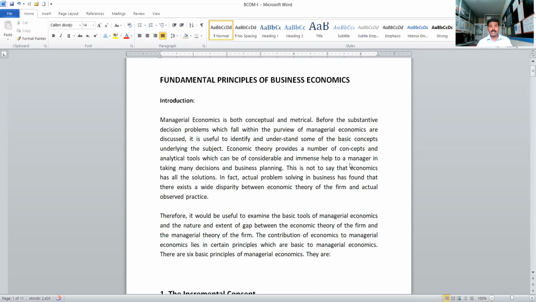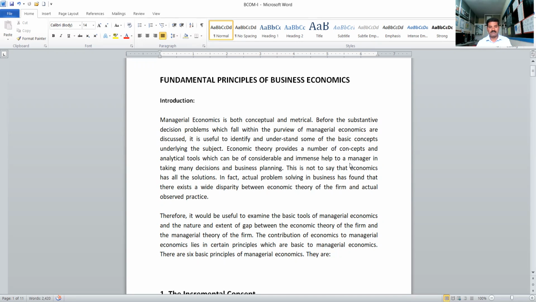Economic theory provides a number of concepts and analytical tools which can be of considerable and immense help to managers in taking many decisions and in business planning. This is not to say that economics has all the solutions.